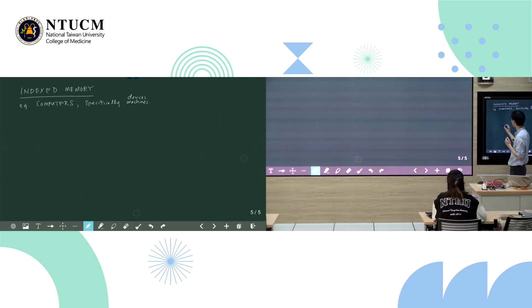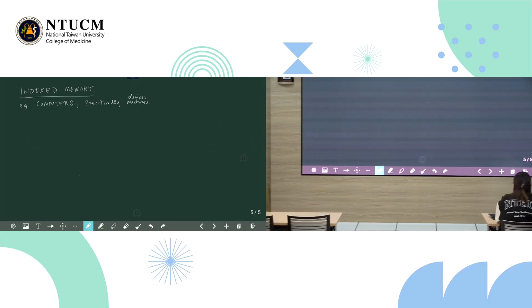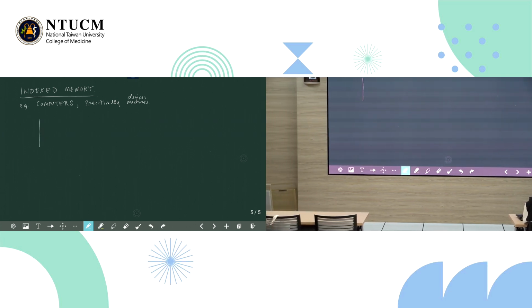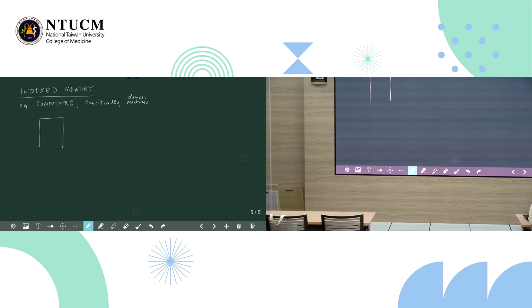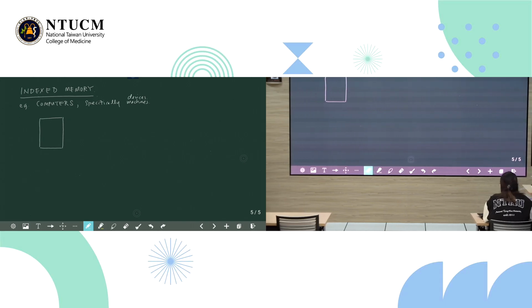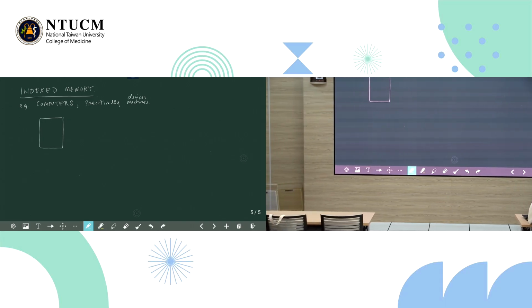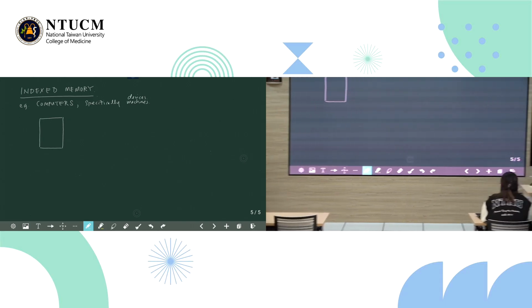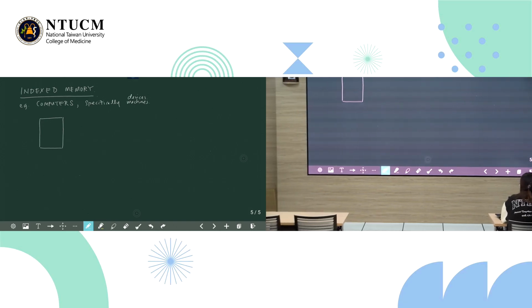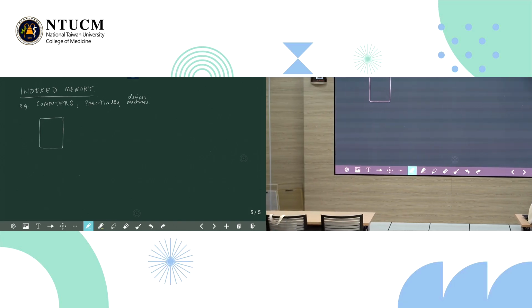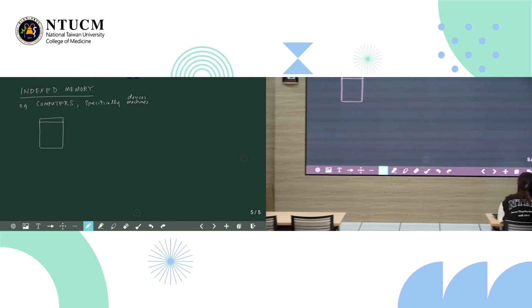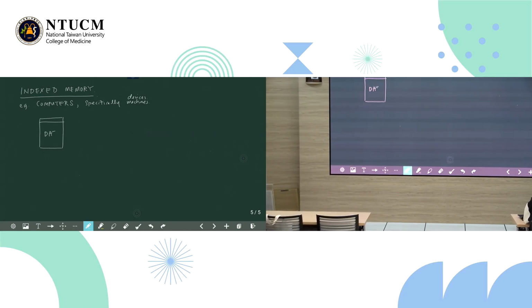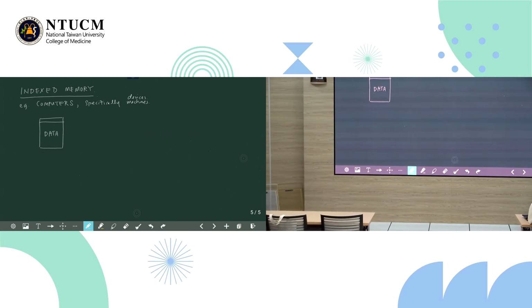And what is index memory? In these machines, in this hardware, you get a chunk of logic gates or magnetic volumes where you might store the data or the information that you want.